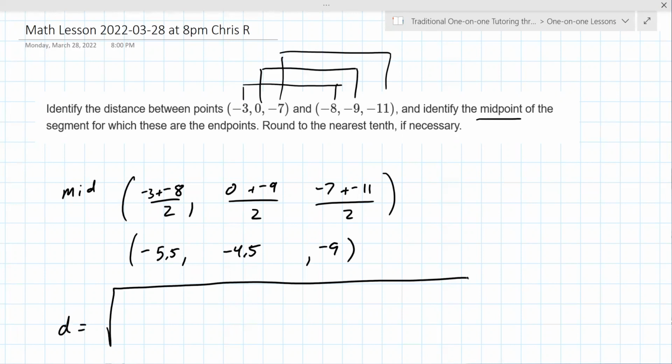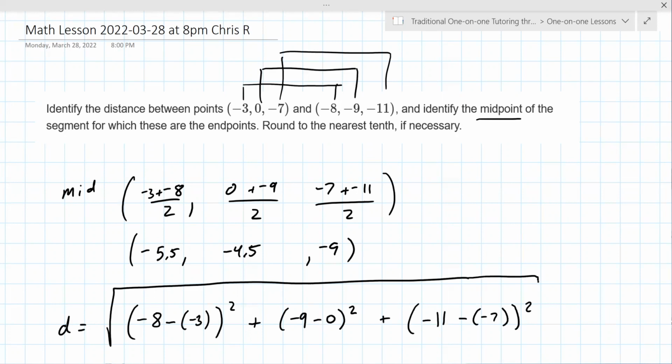So you actually take your second number, -8, and you subtract your first number, and then you square it. And then you repeat for the next number here. So it'd be like -9 minus 0 squared. And then the last one is -11 minus a -7 squared, like this right here.